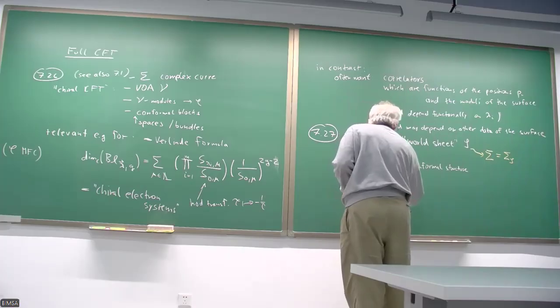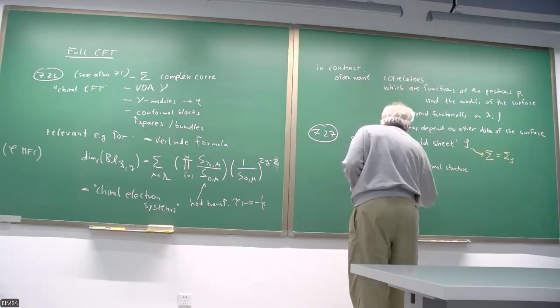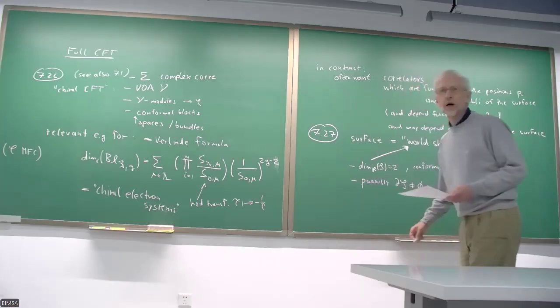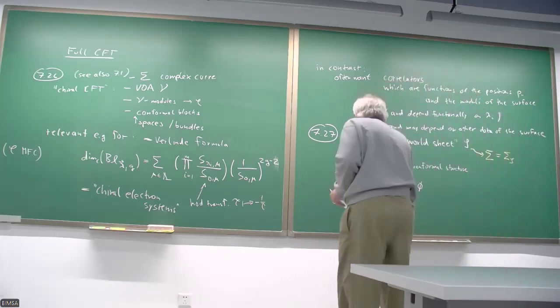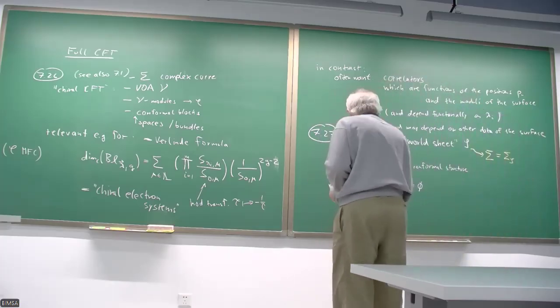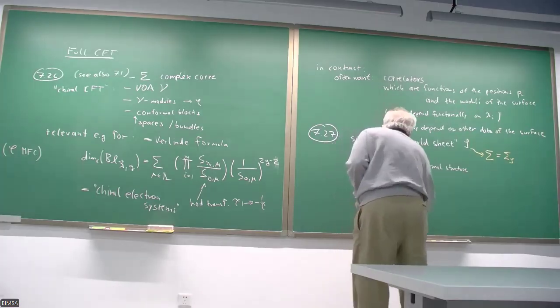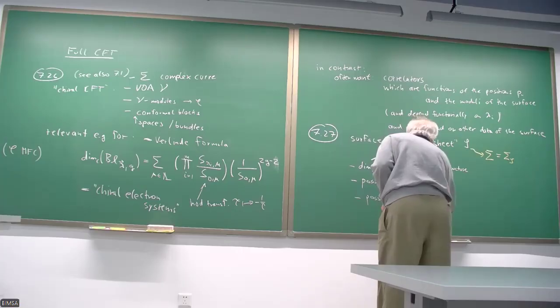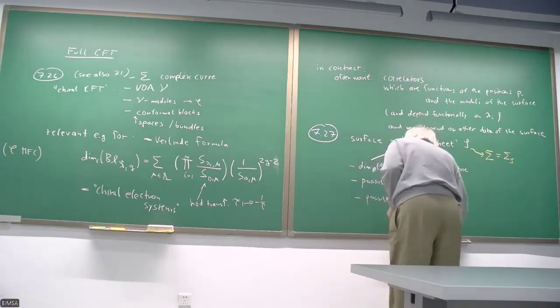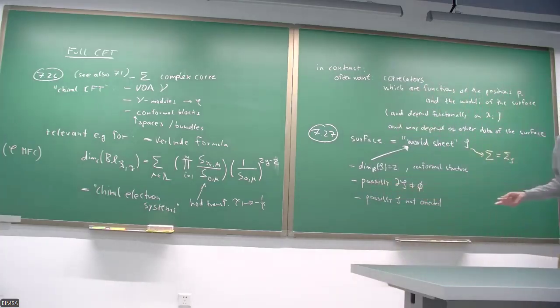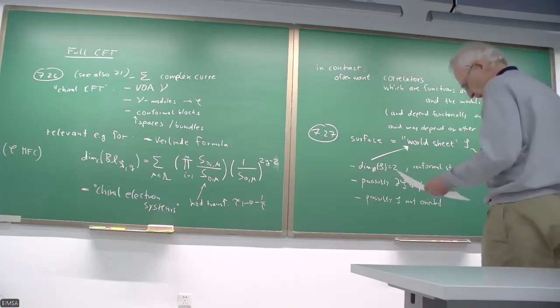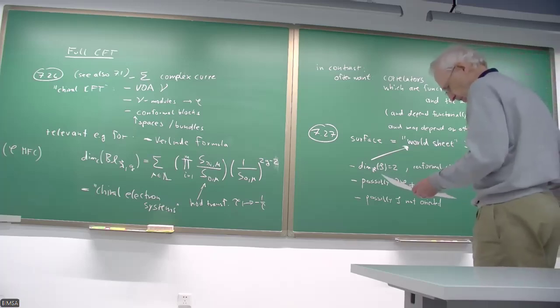Now, possibly S might have a non-empty boundary. That's not possible for sigma. Also, possibly S might not be oriented. In particular, it might be non-orientable, and even if it is orientable, we might decide not to consider a particular orientation on it.